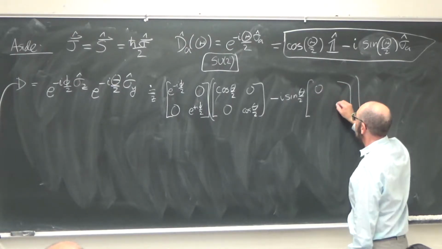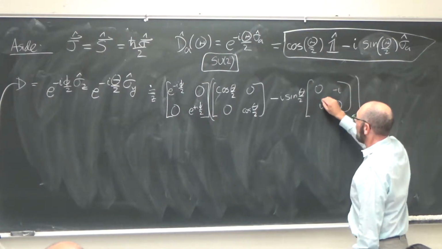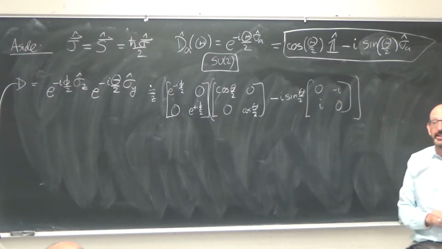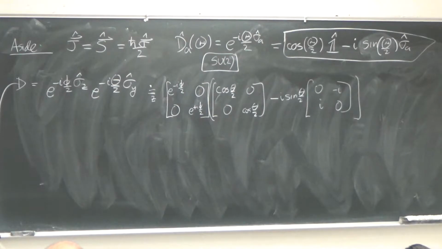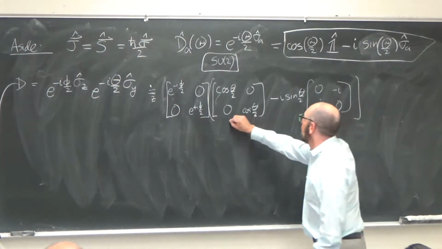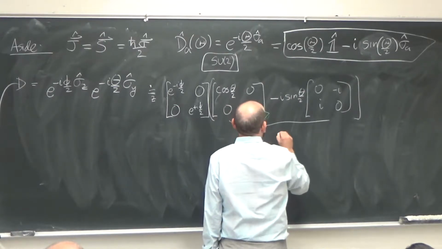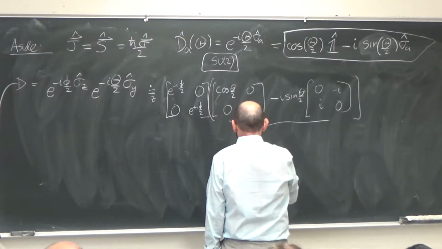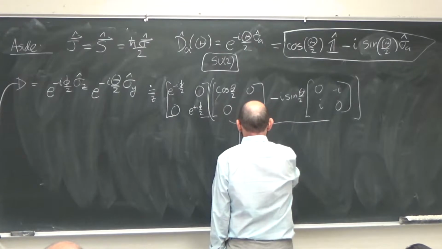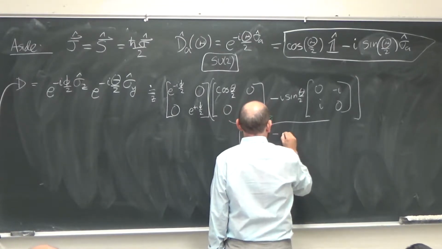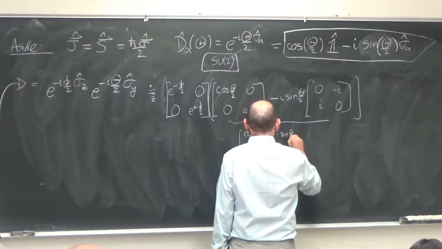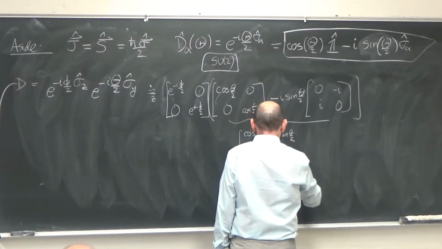Well, it's got the zeros here, it's got the minus i here and the plus i there, right? So this matrix is cos theta over 2, sine theta over 2, minus sine theta over 2, cos theta over 2.